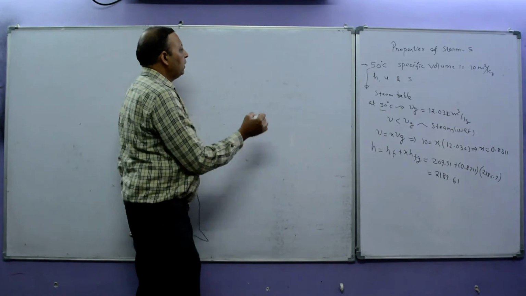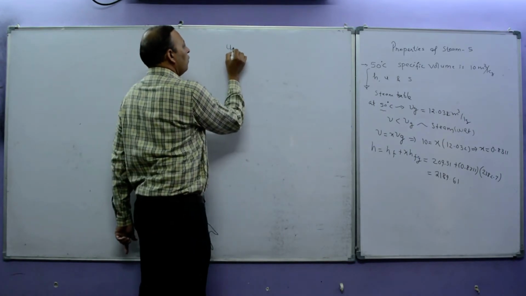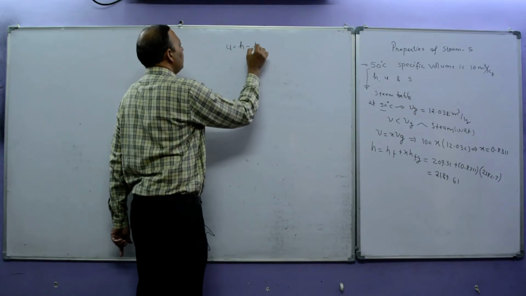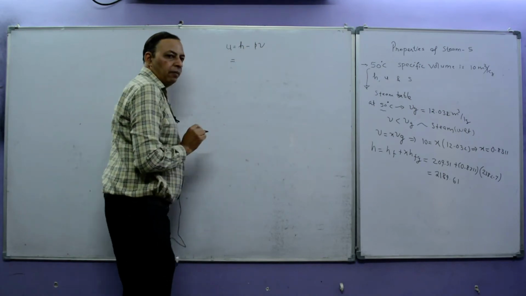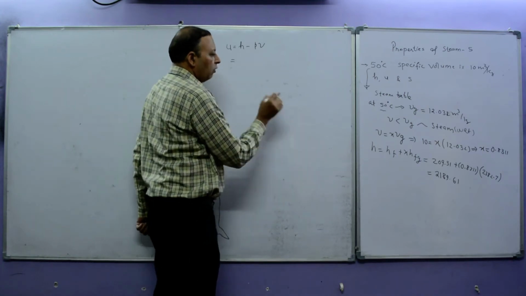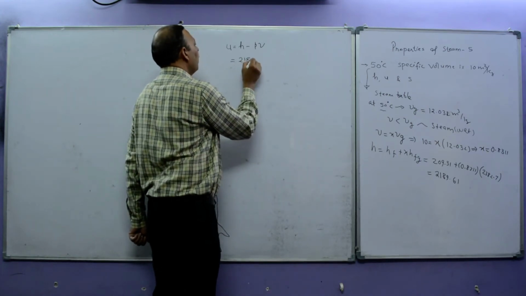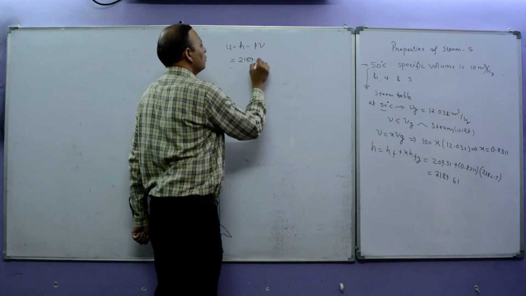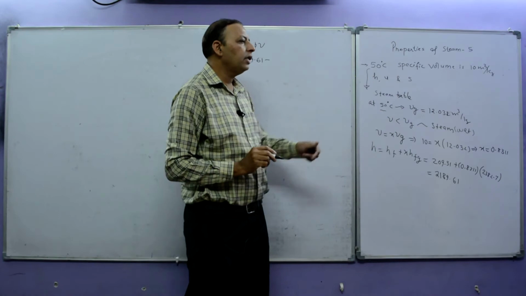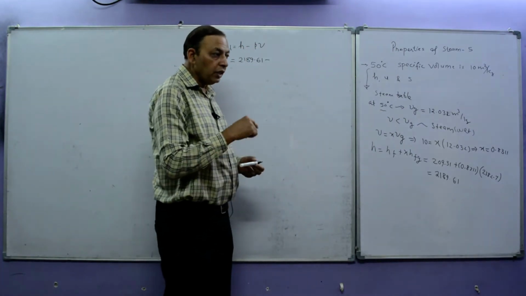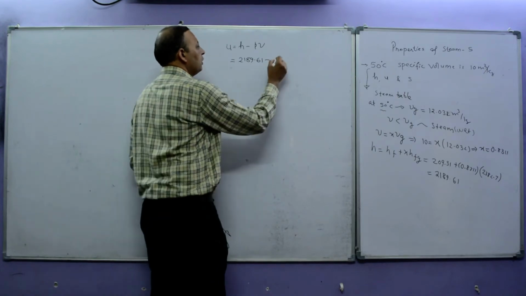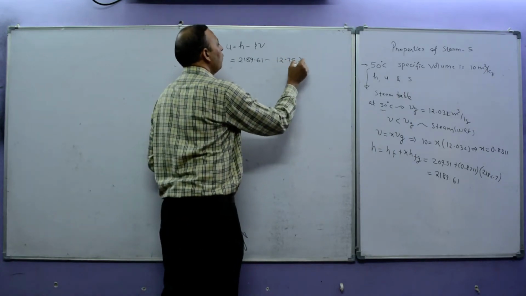Now after that we will calculate the value of U. This U is H minus PV. Here H we have calculated 2189.61 and at 50 degrees Celsius, the corresponding saturation pressure is 12.35 kilopascal.